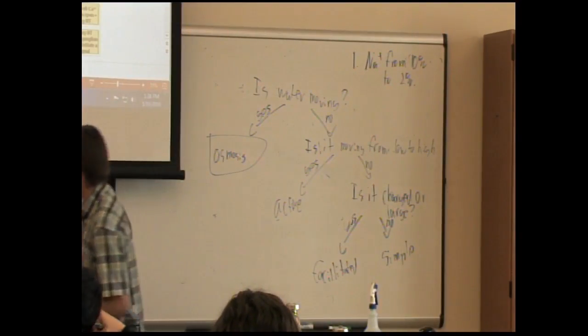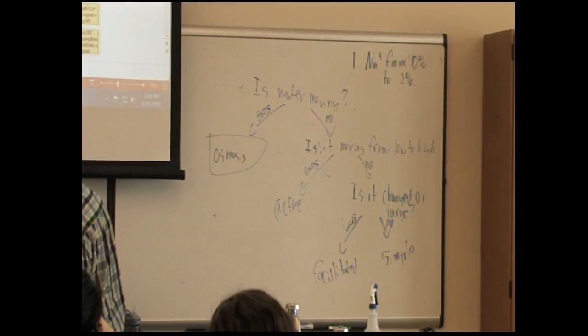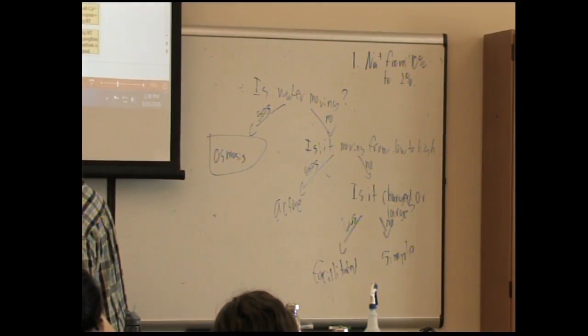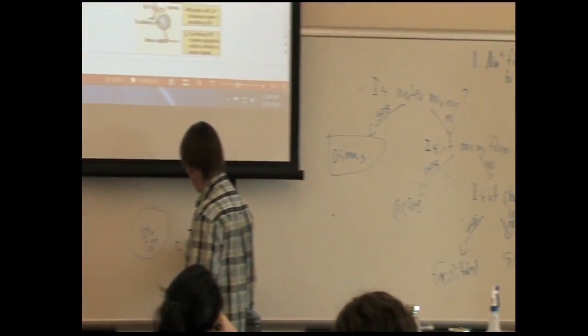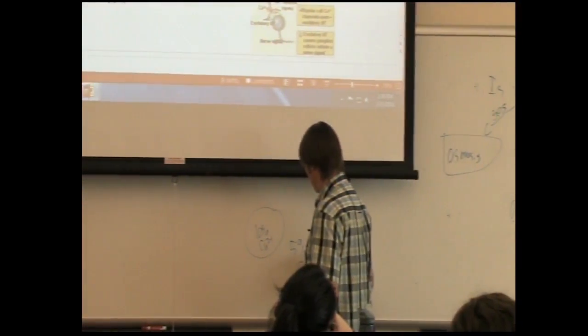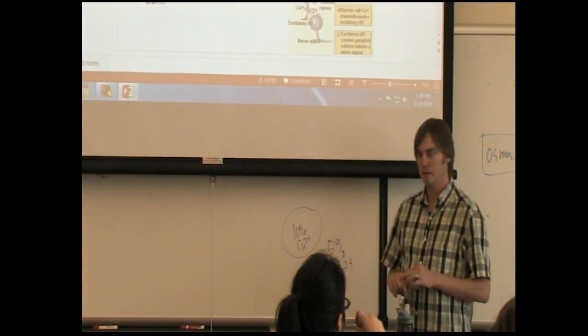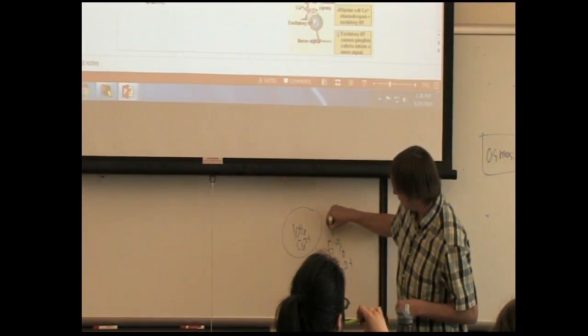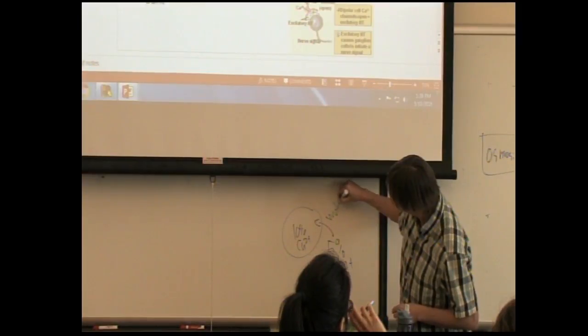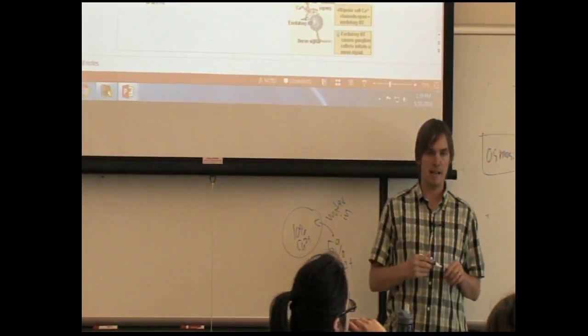So if there's some picture that says 10% calcium, 5% calcium, which way is water going to go? It's going to where there's more solutes, water in. So it'd be a question like that.